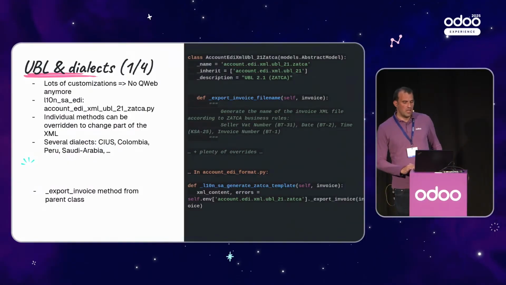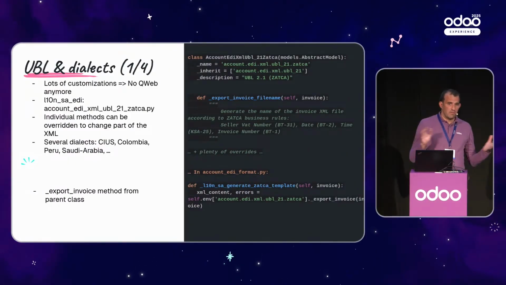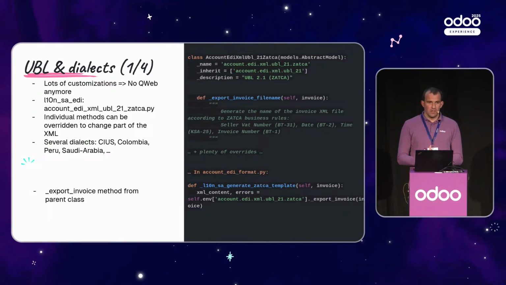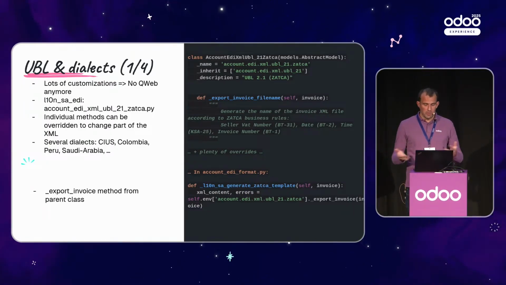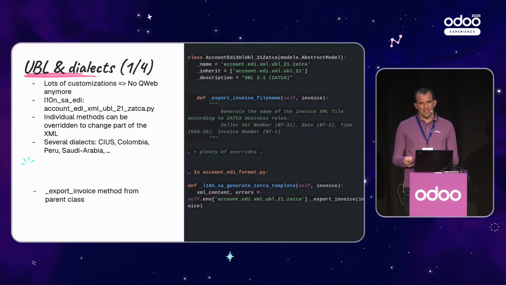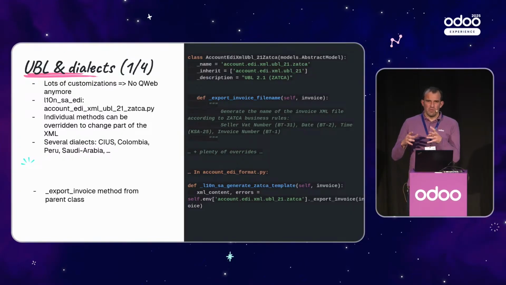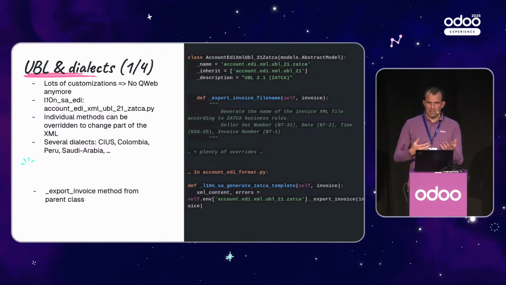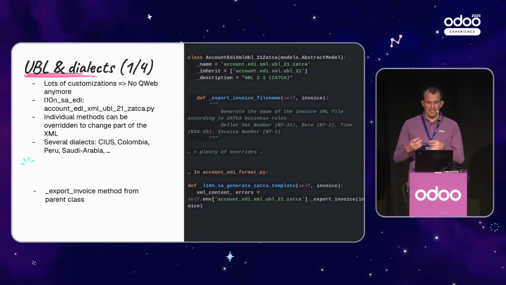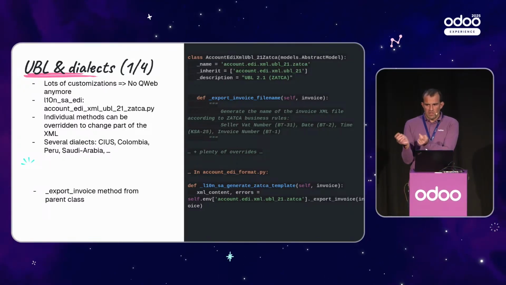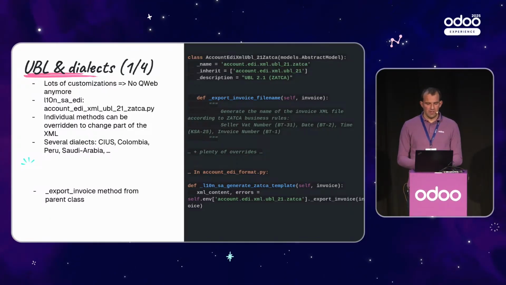There is one format in electronic invoicing that is used a lot, and that's UBL. Not all use it, but a lot do. And there are so many customizations of UBL that we decided that we shouldn't render it in QWeb anymore, but just in Python, because then it's easier to inherit a method and change the one thing that you want.